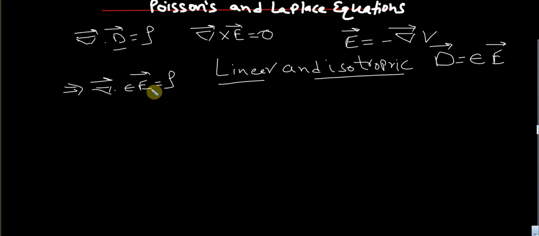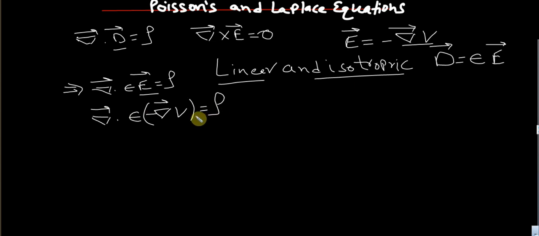Now what is the value of E in terms of V? It is minus del V. Put the value of E here. So minus del dot epsilon del V is equal to rho.